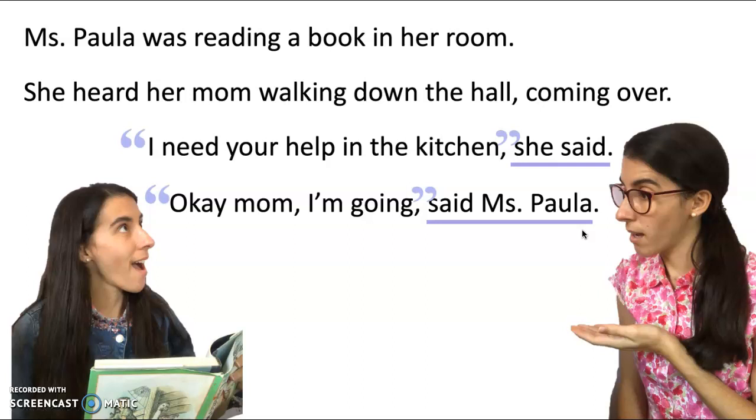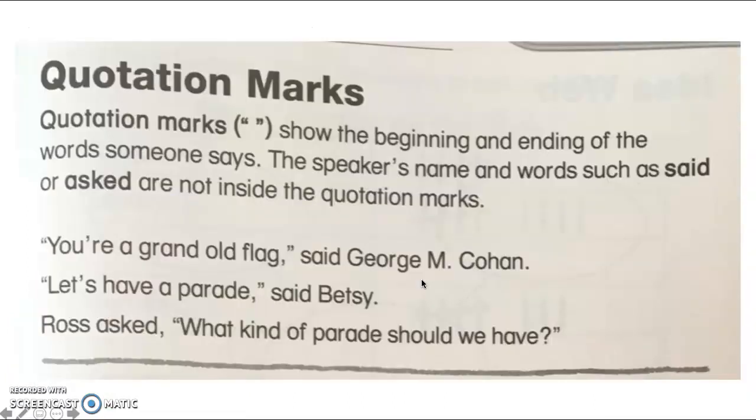Miss Paula didn't actually say, "Okay, Mom, I'm going," said Miss Paula. Do you know what I'm saying? The only thing that Miss Paula said was where the quotation marks start, all the way to where the quotation marks end.